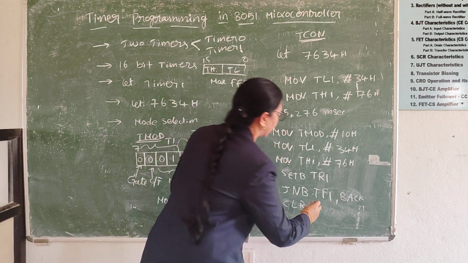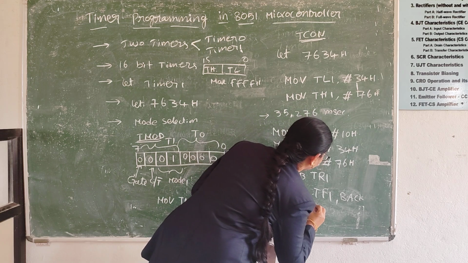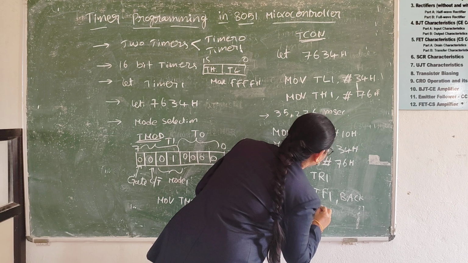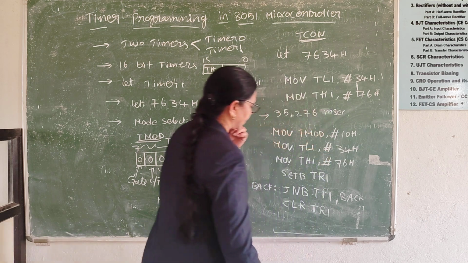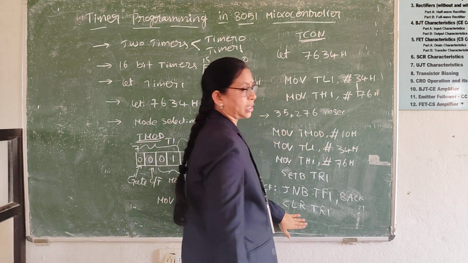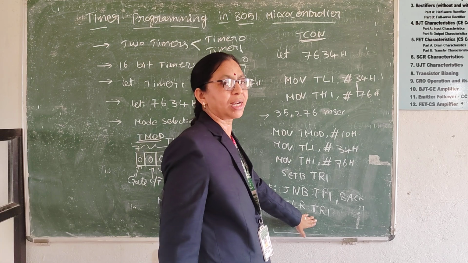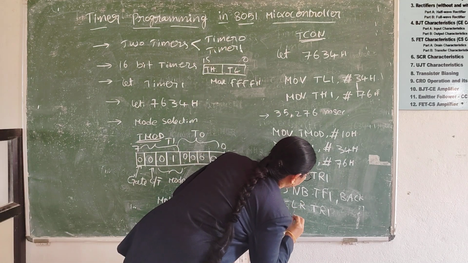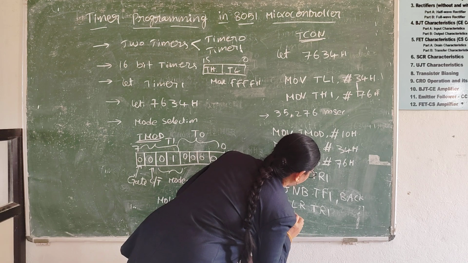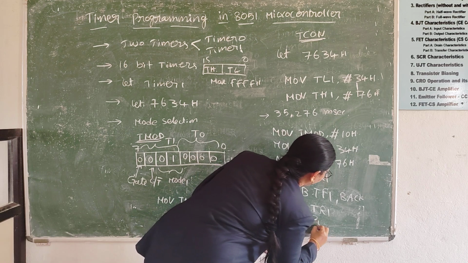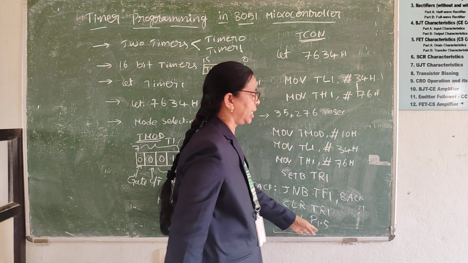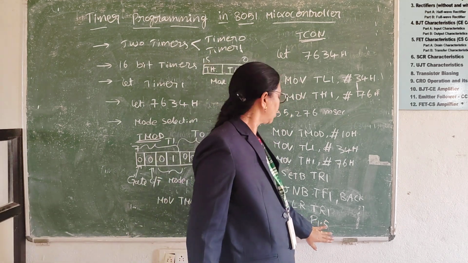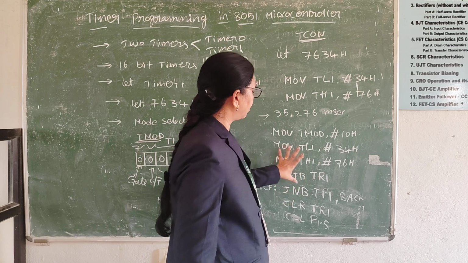Then we have to clear the timer 1 run bit, and we can generate a signal using any one of the port pins. CPL P1.5, or any other pin, complements the port 1 fifth pin. So it provides some delay.